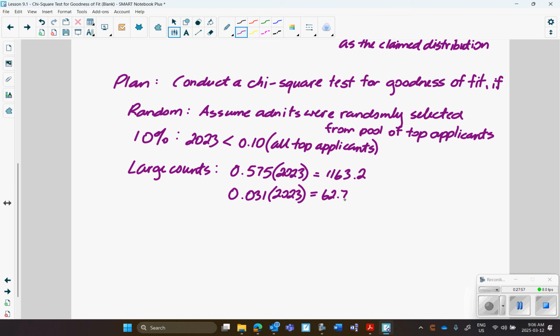And then we did African American, which was 0.08 of 2023, which works out to 16.2. And then we did white, which was 38.7% of 2023, which was 782.9. Not as strict as proportions. These have to be greater than or equal to 5, not 10.